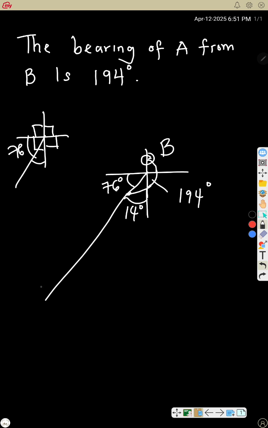Now, if you want to complete the triangle like this, if here is 14, here too will be 14. That is alternate angle. If that place is 76, here too will be 76. I'm not asking a particular question here, but let us learn how to draw this diagram first before we start asking questions. So this diagram is important. So this is A. That is, A is coming from B.